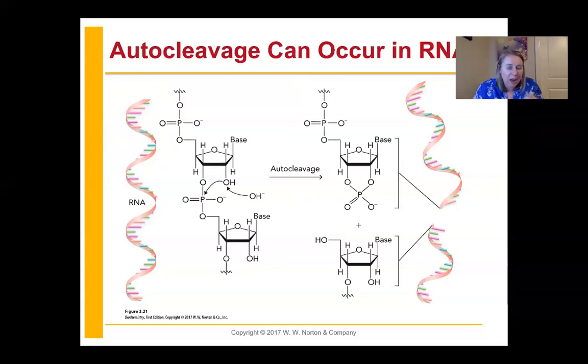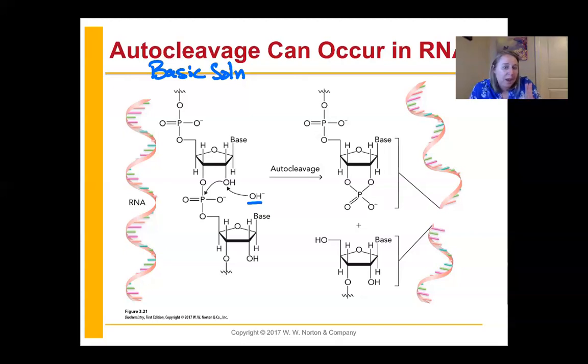If we look at our backbones, right, here's our RNA, and we have 2 nucleotides here. We're in a basic solution, right? So what we have here is OH minus that can come in and interact with the OH, the oxygen on this 2 prime sugar.